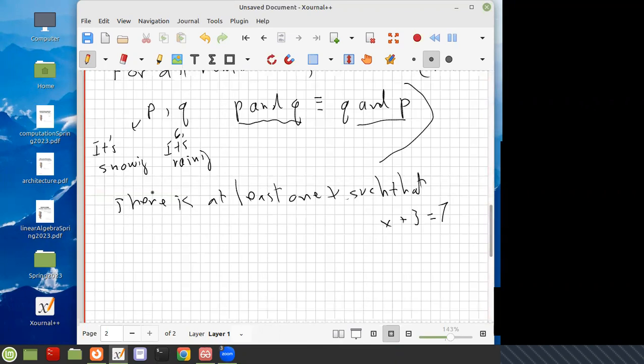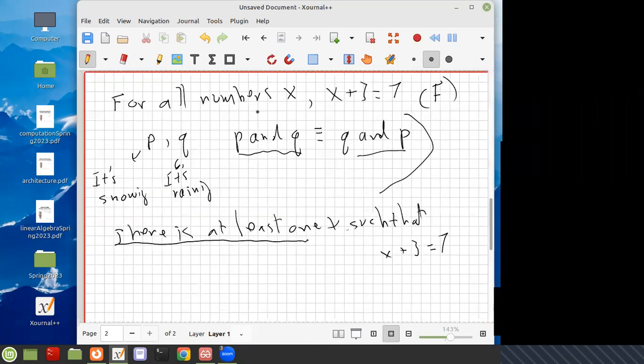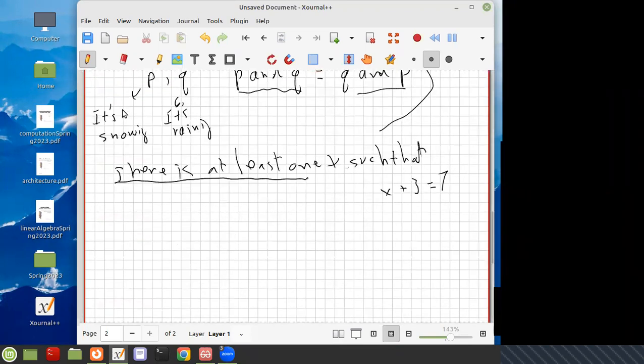Now, it turns out that these phrases, there's at least one, and for all numbers X appear over and over again. And so the mathematicians use symbols for them that we'll sometimes use. And so the phrase for all numbers is written by an upside down A. See, there's the A here.